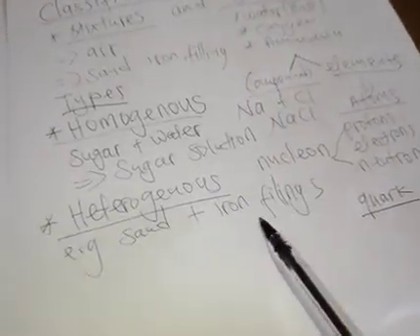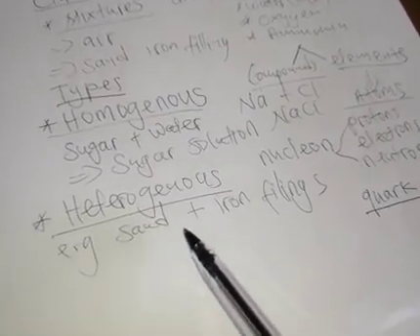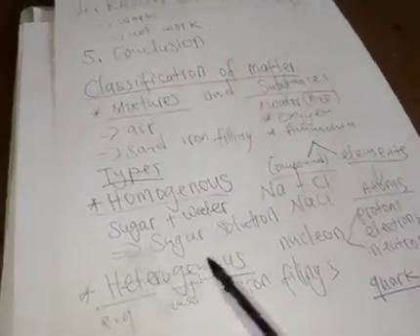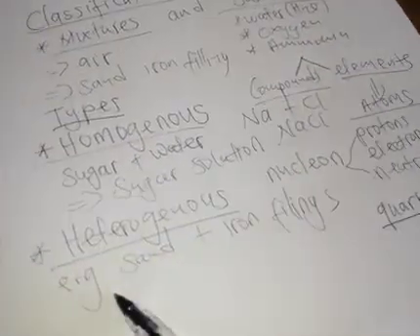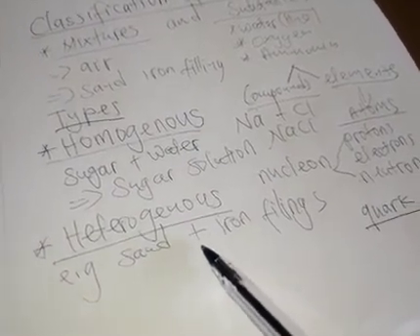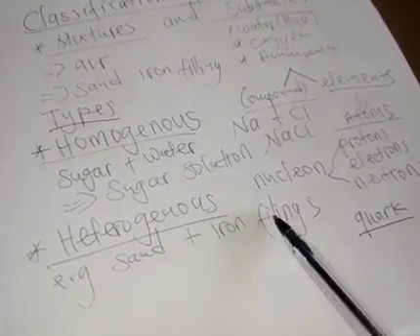So we can think of more and more examples. Then we should know that mixtures are separated by physical means. For example, for sand and iron filings, what can we use?